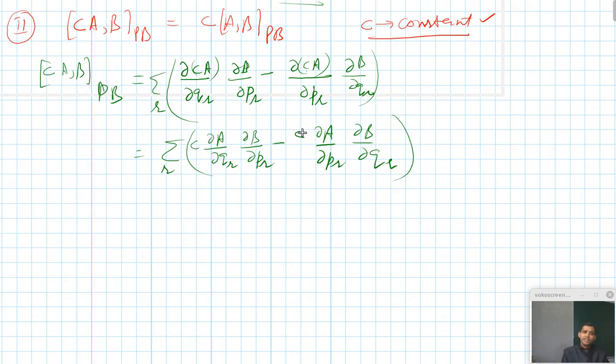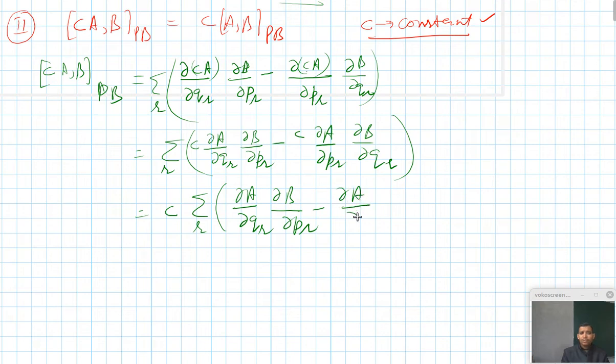Here this is C and this is C, so it's common and can be taken outside the summation. So I can write it as ∂A/∂q_r ∂B/∂p_r minus ∂A/∂p_r ∂B/∂q_r. So I can write it in this way.